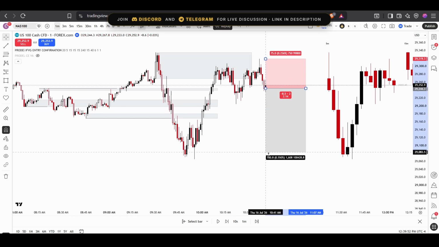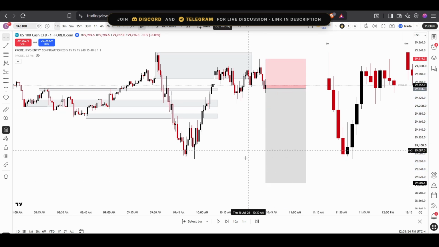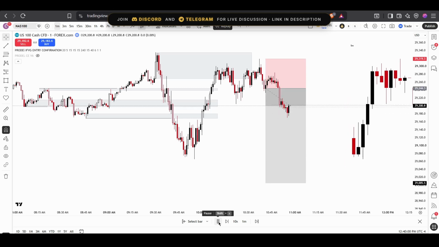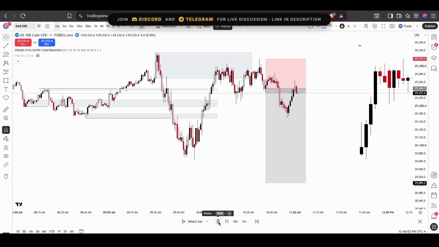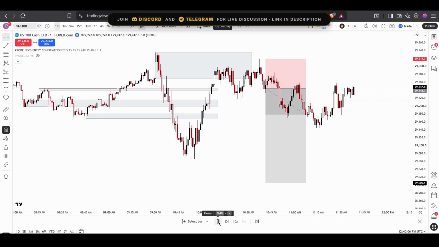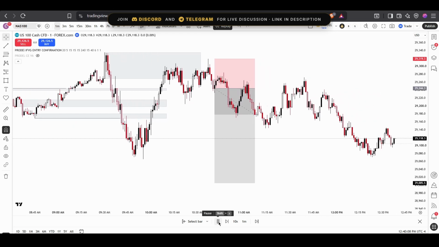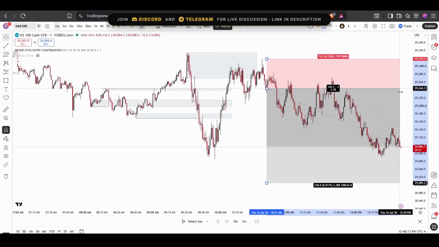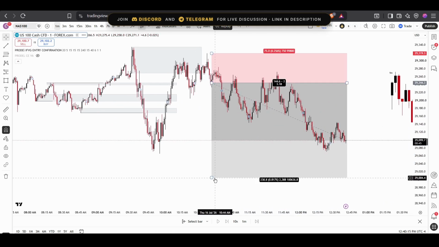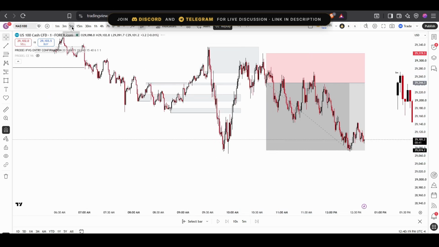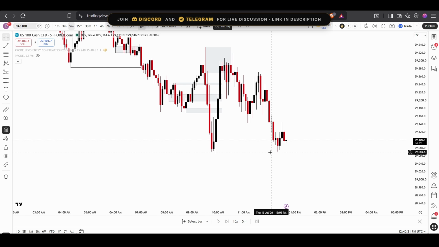You can just take 1:2 or 1:3 RR like this, and break even after 1:1.5. You can see it successfully hit 1:2 RR, and it's running towards 1:3 RR. And yeah, this is today's trade breakdown on the Nasdaq.